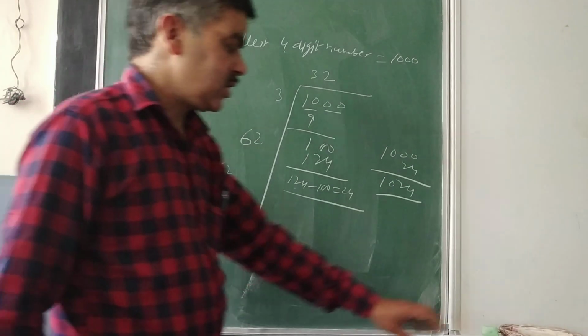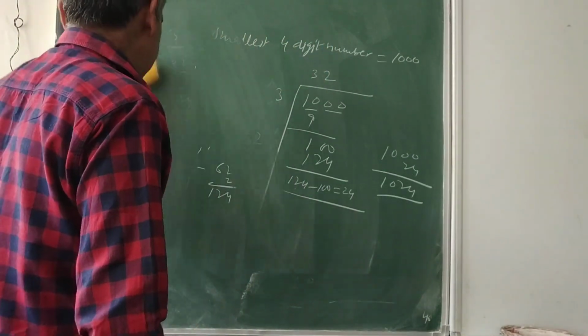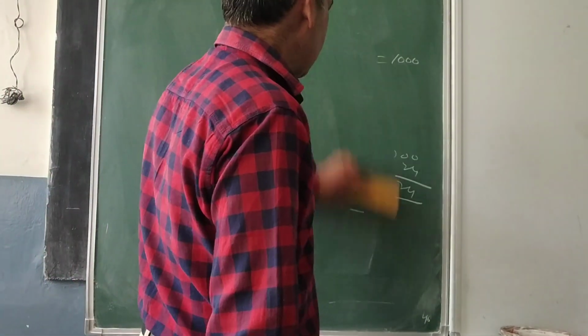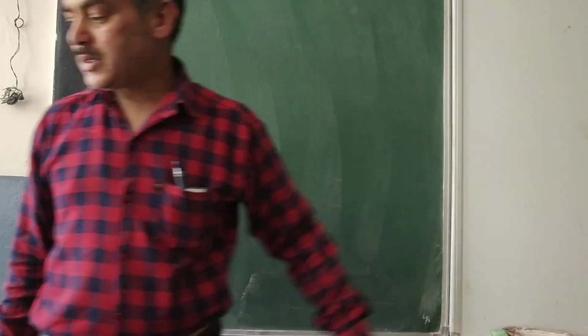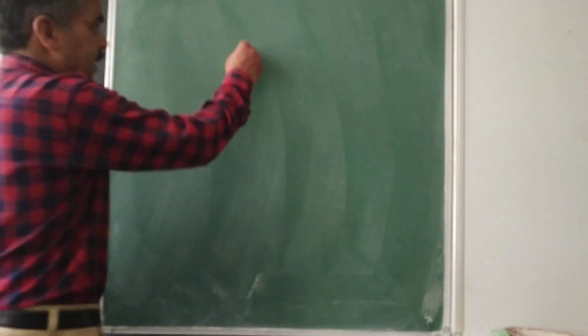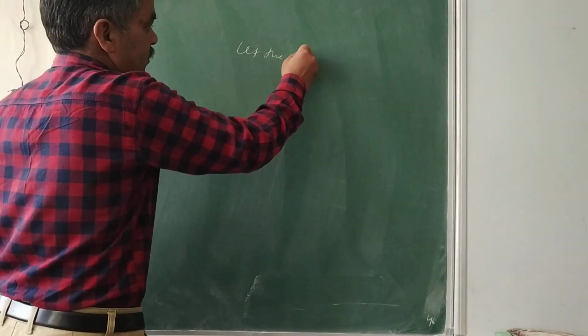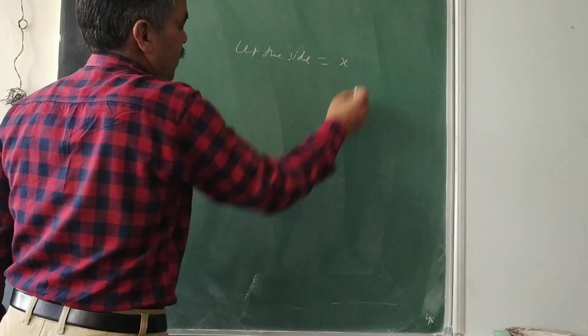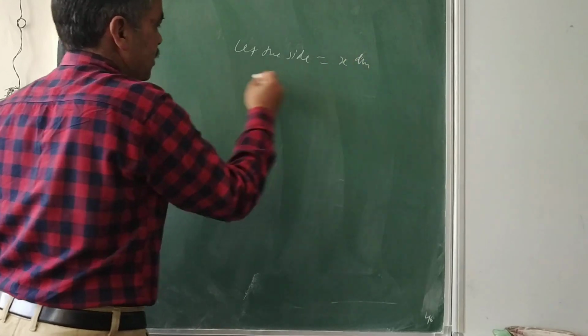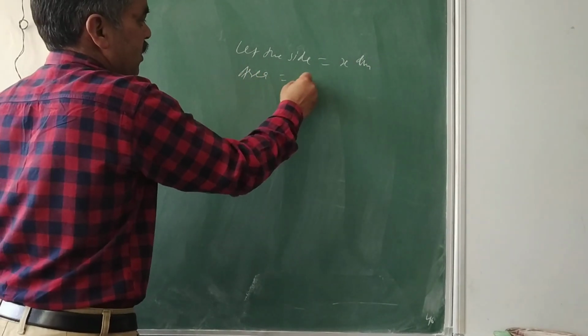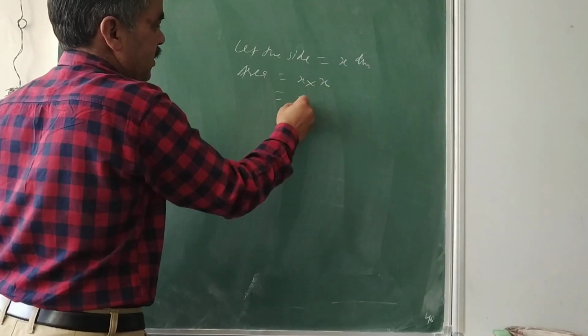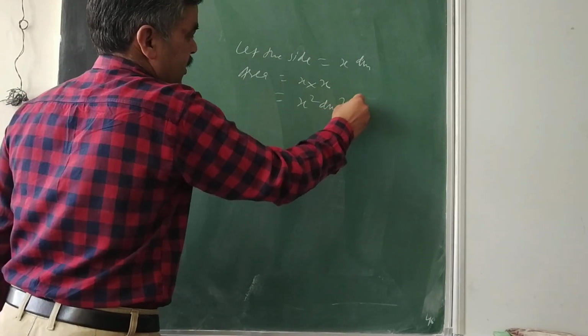So again you see, if I speak about question number 14, here it is given in decimals, like the area of a square. So the side is equal to x decimeter. So the area will be equal to what? x into x, that is x square decimeter square.